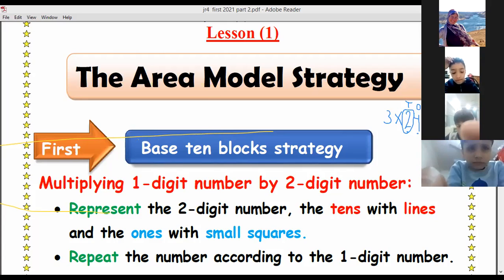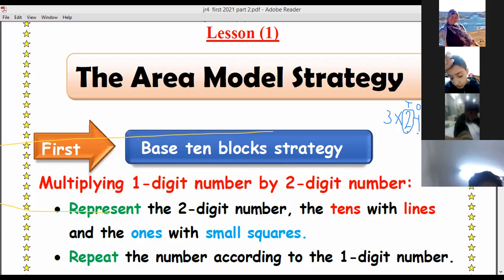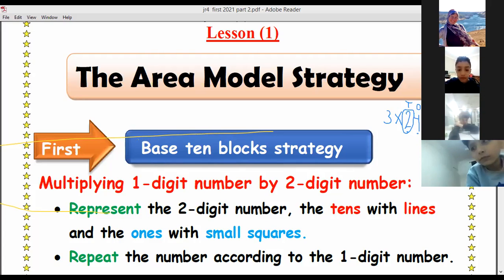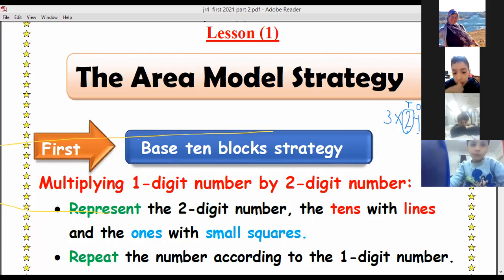So 24 times 3. I said junior 4, if I want to make 24 times 3, that means I'm gonna repeat 24 how many times? I'm gonna repeat 24 3 times. Okay, that means we're gonna repeat this drawing 3 times. So let's draw this one again.